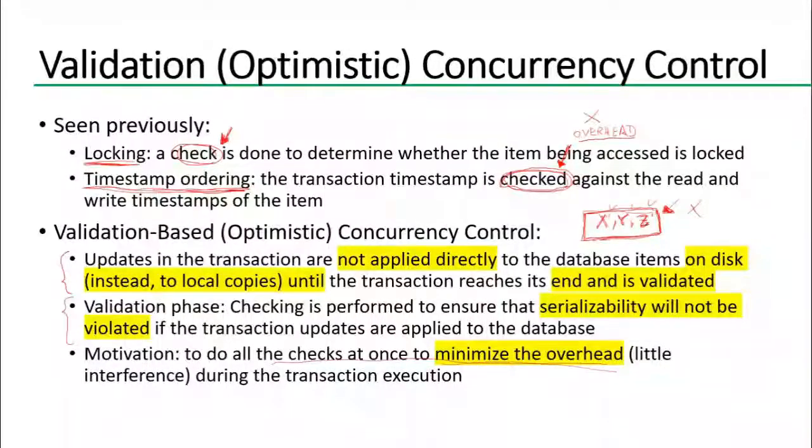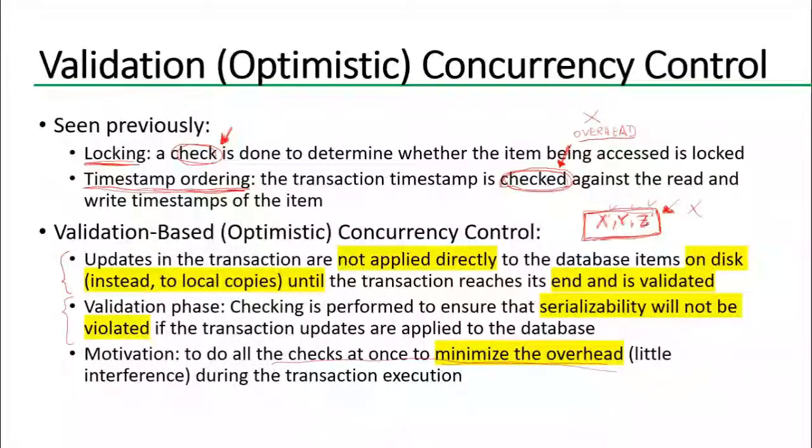So which conditions should be checked? Well, we don't need to put a lot of effort into memorizing these conditions, but there are three conditions that the validation step checks.